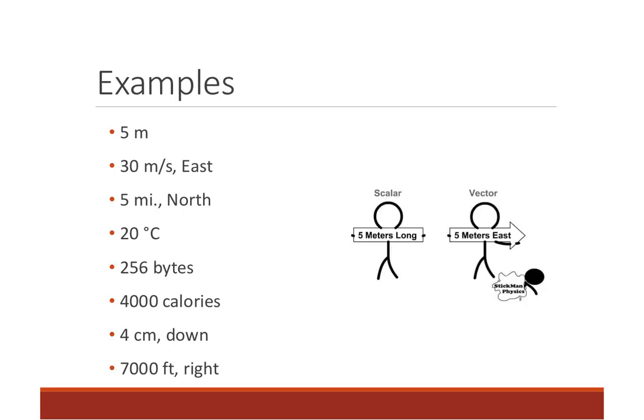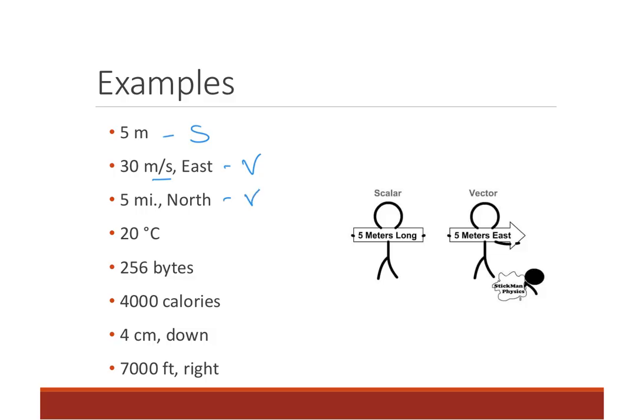So really quickly, let's run through some examples and ask yourself, is this a scalar? Is it just a number, or is it a vector? Is there some kind of direction involved in it? So 5 meters, of course, would be scalar. 30 meters per second east, there's a direction, that's a vector. 5 miles north would be a vector.